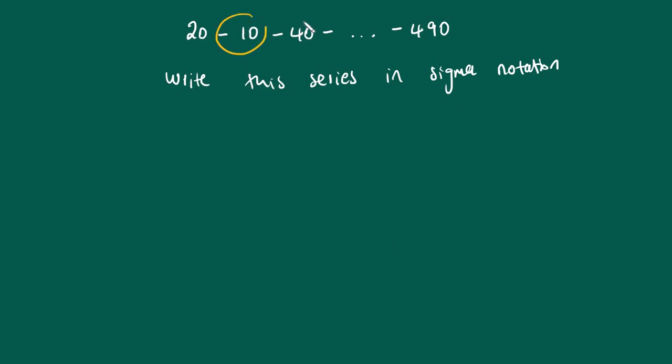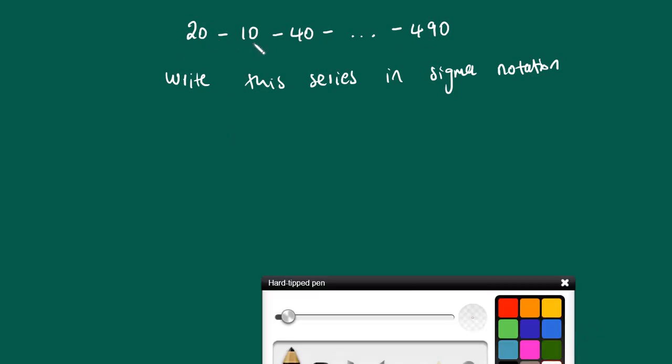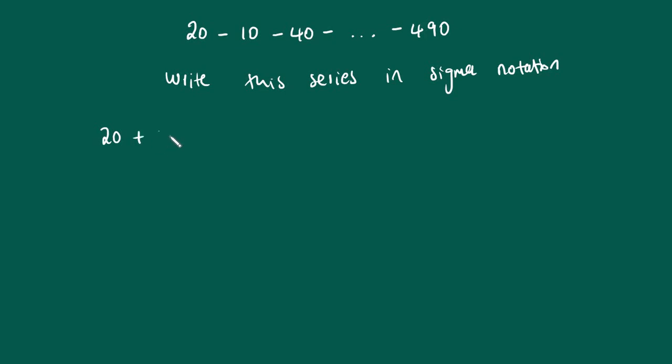Remember I said last time, you take the negative 10 as a term. The reason being, remember I told you that for it to become like this, it first started like this: 20 plus negative 10, and then plus negative 40, and then plus a negative number, and then plus this negative 490.